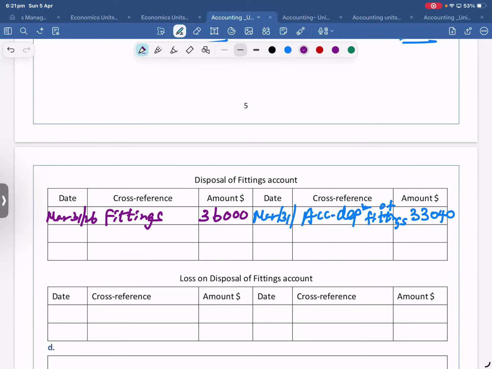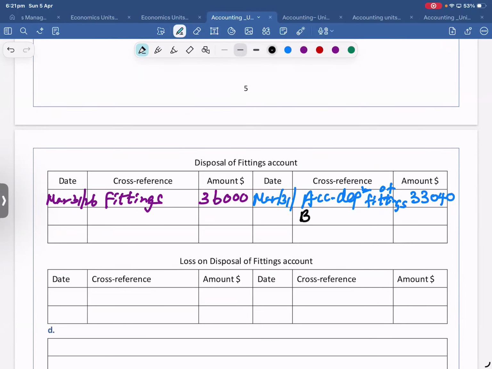Okay. Then we have bank 2,700. Then this side is greater, isn't it? So 36,000 is greater. 36,000.